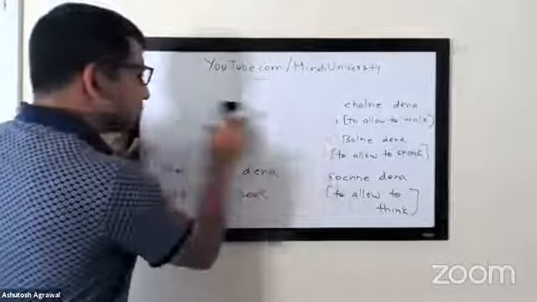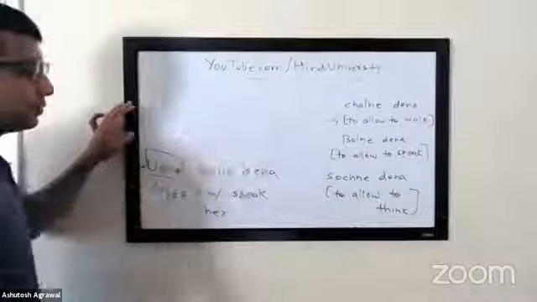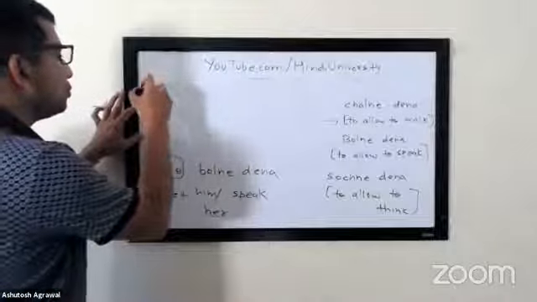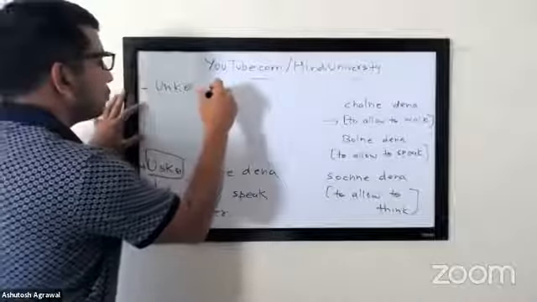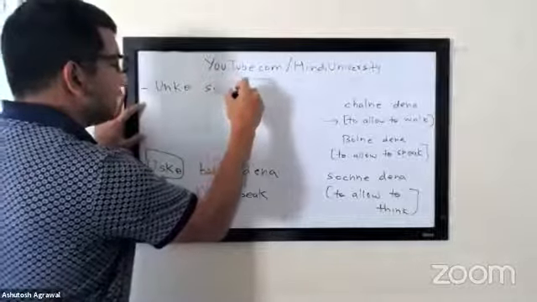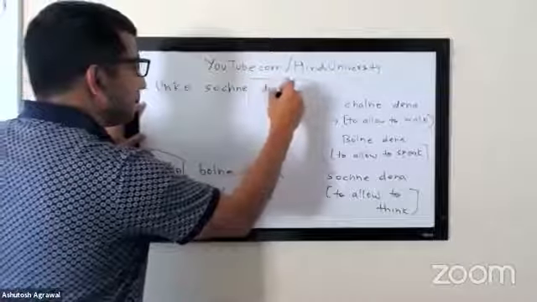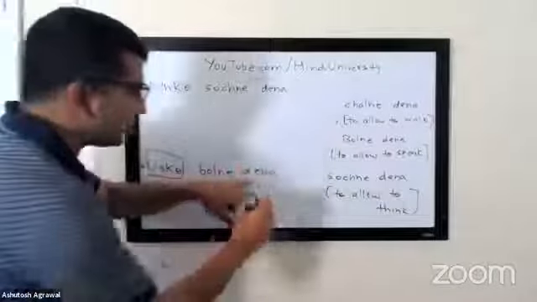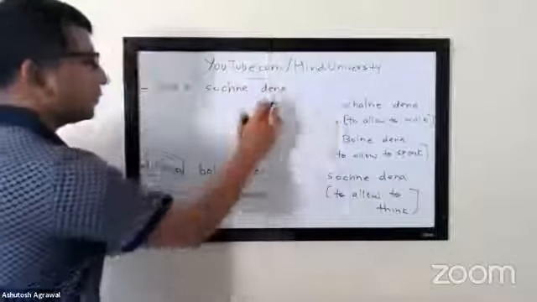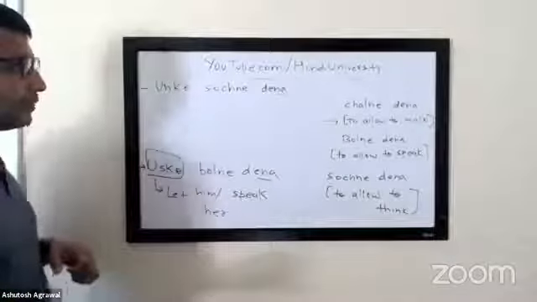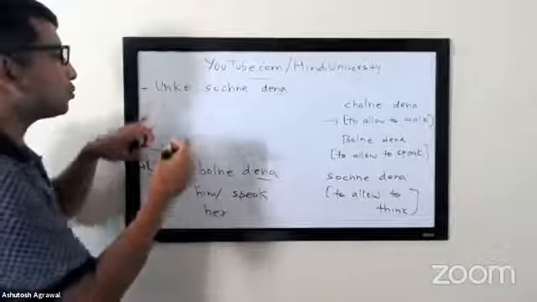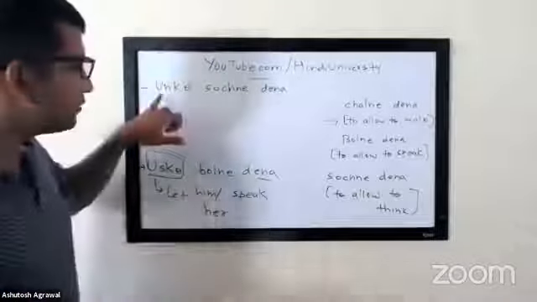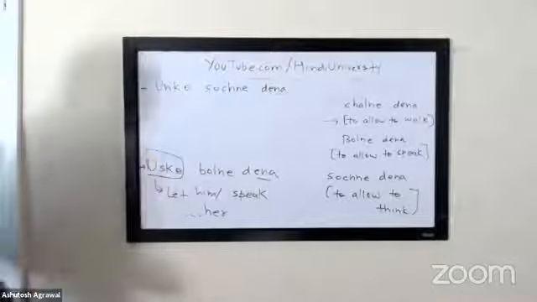Similarly, if I were to say unko sochne dena. So far I'm still using it, I'm ending all of them with dena. Right after that we'll jump to, can we change it? And what does it mean? Unko sochne dena. Tommy ji, what do you think it means? Unko sochne dena.